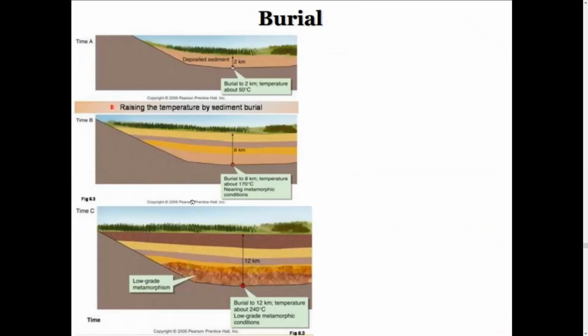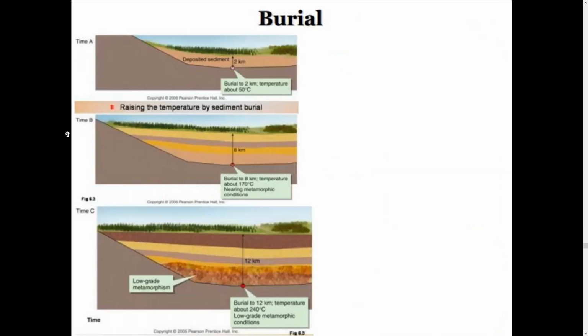What you have here is an example of how burial, for example, materials that are being buried beneath, starts changing. So you see, for example, at time A, you have sediments that are being deposited on top here. These sediments would start piling up.